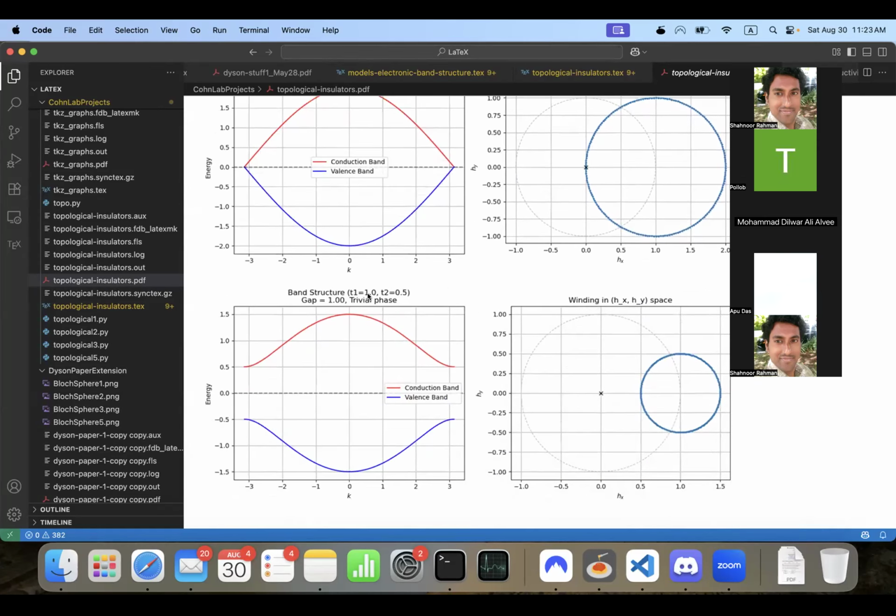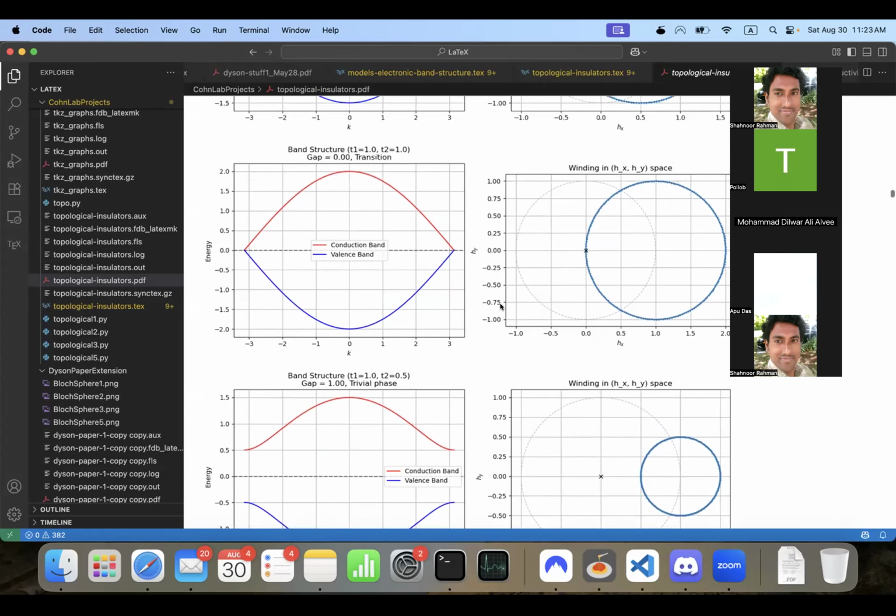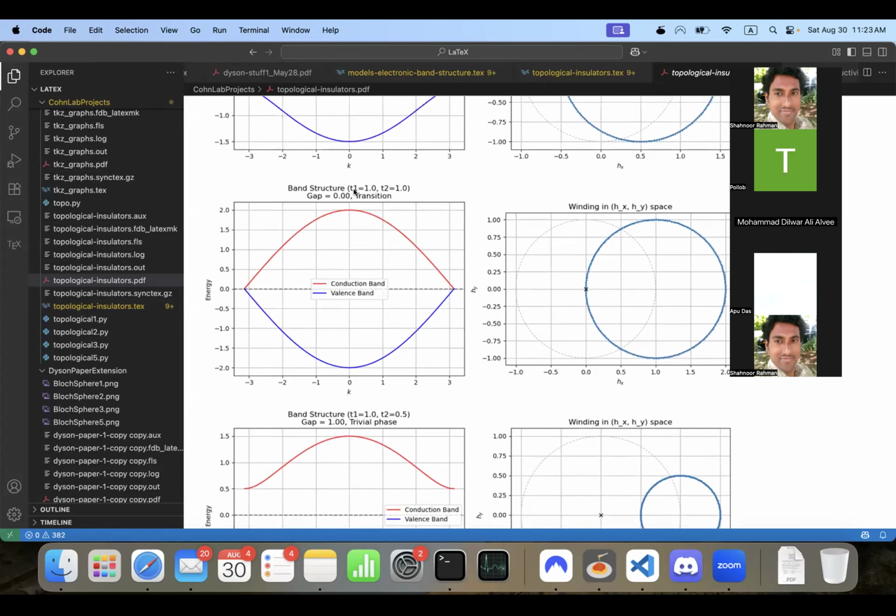And if we keep going, T1 is greater and T2 is smaller, we again see there's a band gap, but this time the origin is outside the circle. So that's the trivial phase. And this is the point where we have the transition, the gapless state or the transition state.